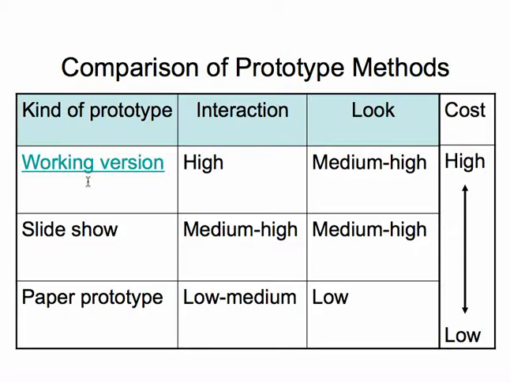If I were building in HTML, this would be a good intermediate step, almost like a slideshow is, because I can mimic a lot of the functionality I want without taking a lot of my own time or resources to do that.